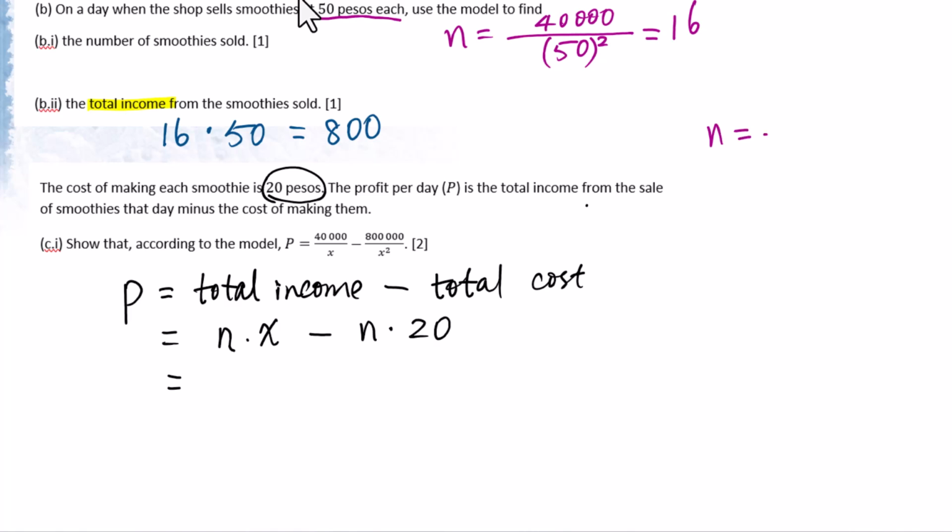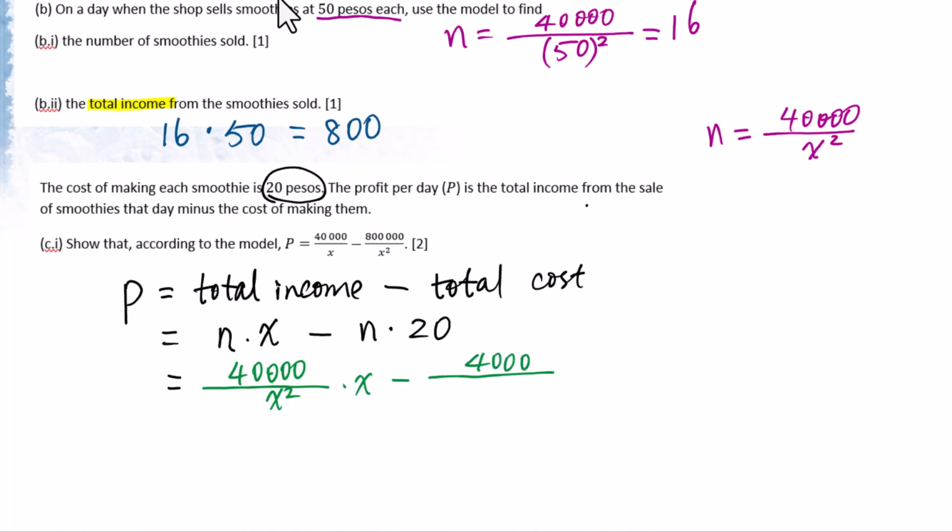N equals 40,000 over x squared. Let's do the substitution. N is 40,000 over x squared times x minus 40,000 over x squared times 20.